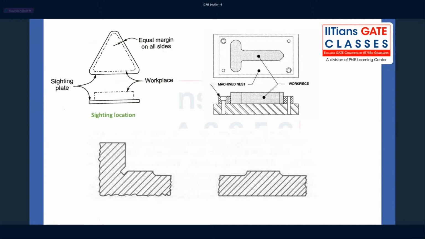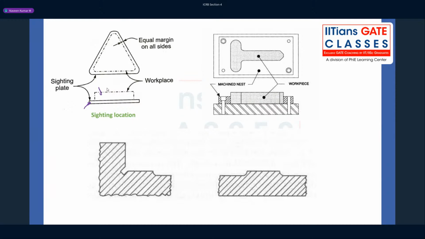So what is sighting? What is sight? Looking, right? So it's a simple operation for location. You have some plane object, and this is your bottom plate, and this is the object that you're placing. But what is location? Location means you have to place it at the right location. So for very simple components, by just visual inspection you are putting it.